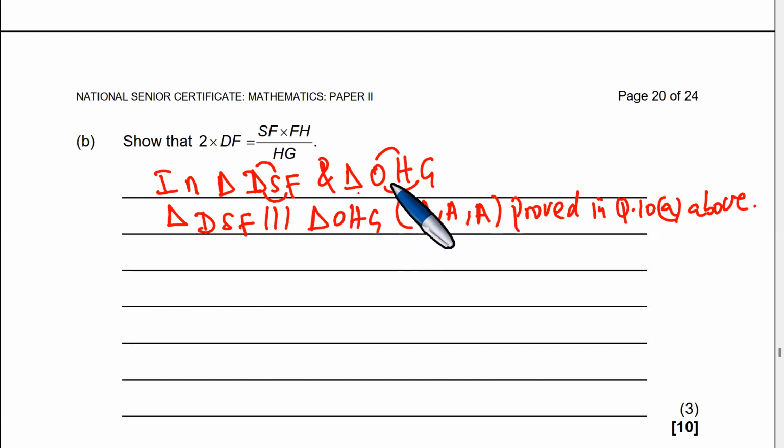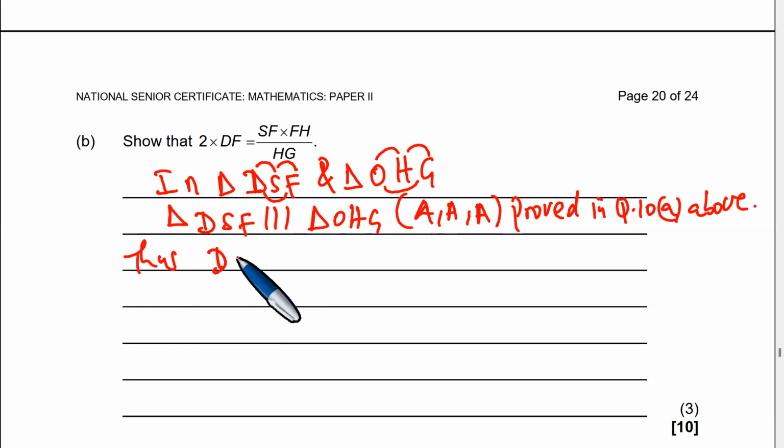And also, if you take SF, you take HG, for example. We take the things that appear here, or you can take more than that. And then you have DF as well, and then you have OG.